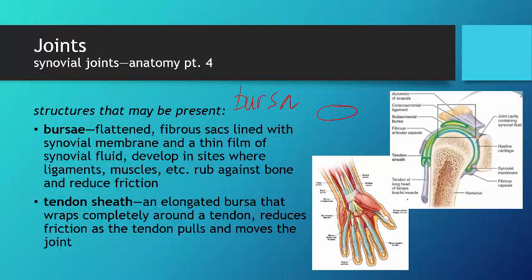So we had the fibrous joints, which included the syndesmoses, the sutures, and the gomphosis. The cartilaginous joints, which were the synchondrosis and the symphysis. And then finally the synovial joints, where we could look at all of the different parts that may be present in a synovial joint. All right, so the next section will be coming soon.